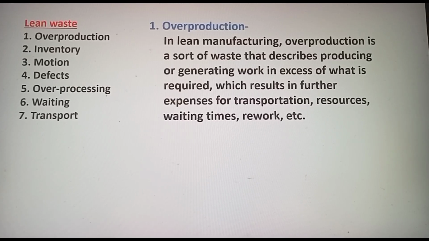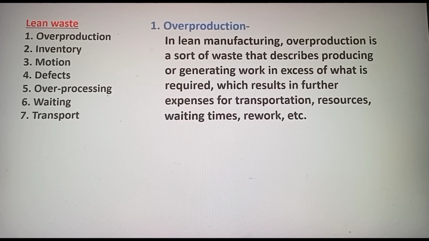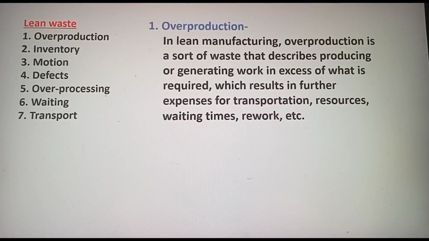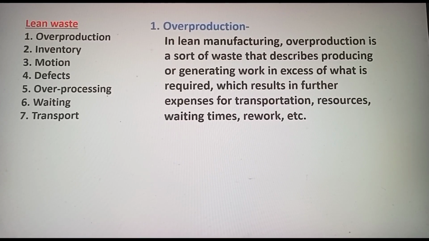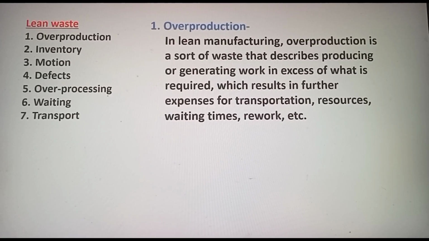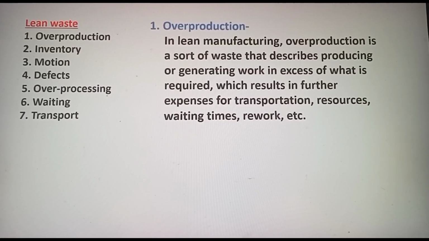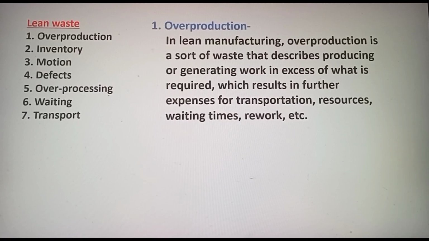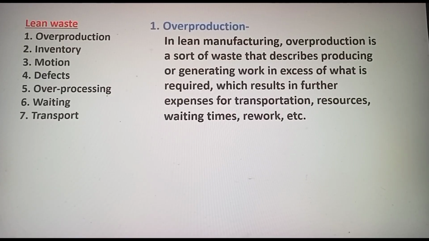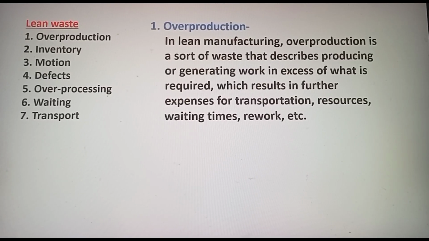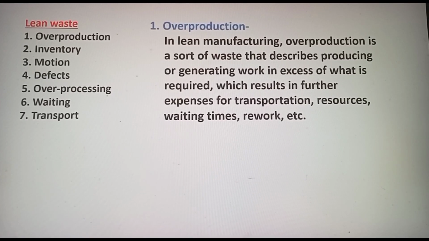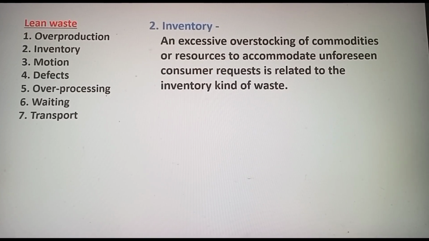First lean waste, overproduction. In lean manufacturing, overproduction is a sort of waste that describes producing or generating work in excess of what is required, which results in further expenses for transportation, resources, waiting times, rework, etc. Second, inventory.